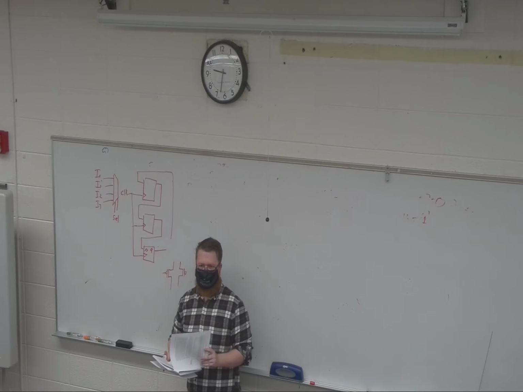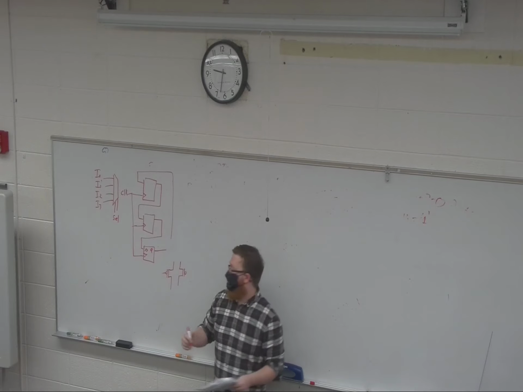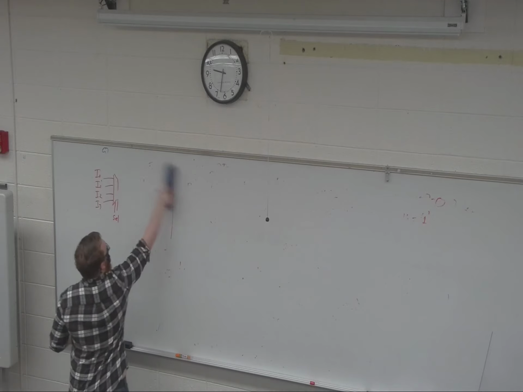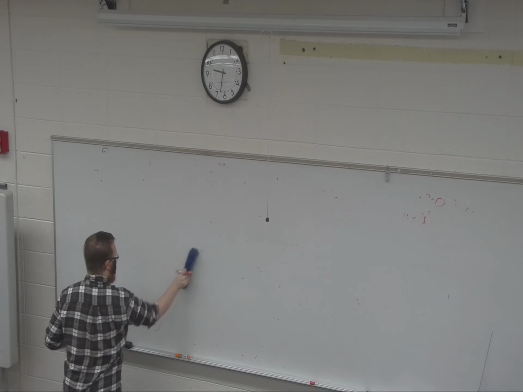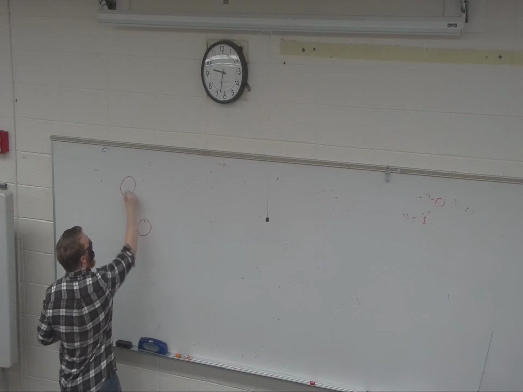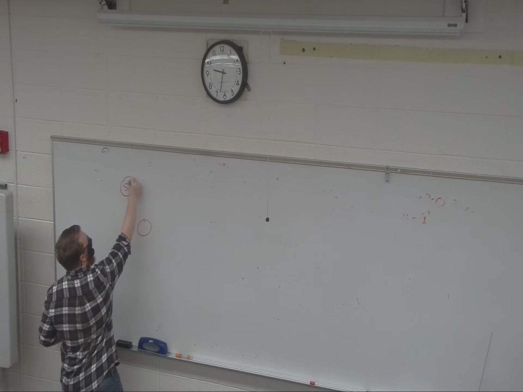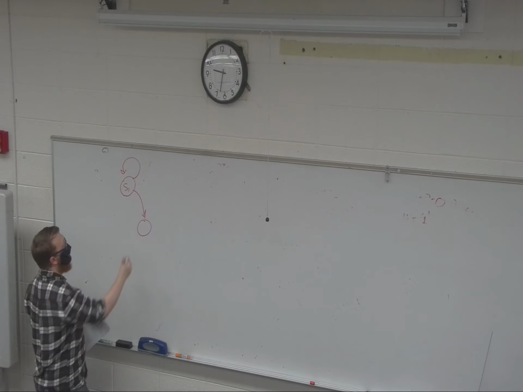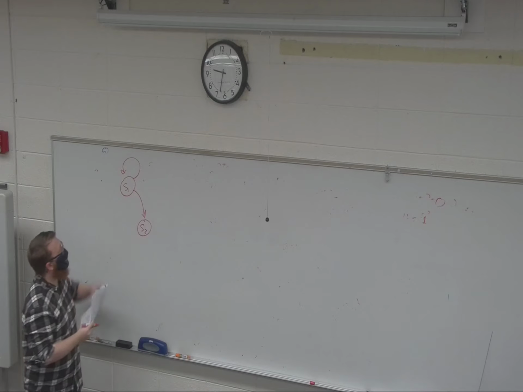I really like state machines, right? You get to draw them as just circles, right? And if I'm in some state, I know that I'm either staying in that state or going to another state. And I might have other transitions.